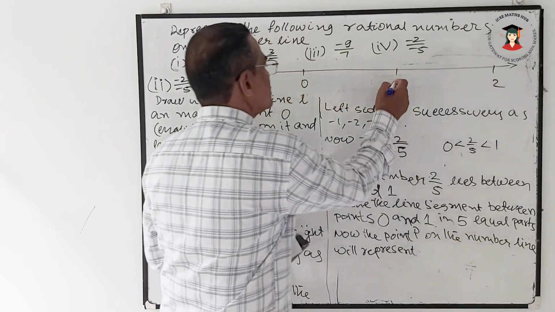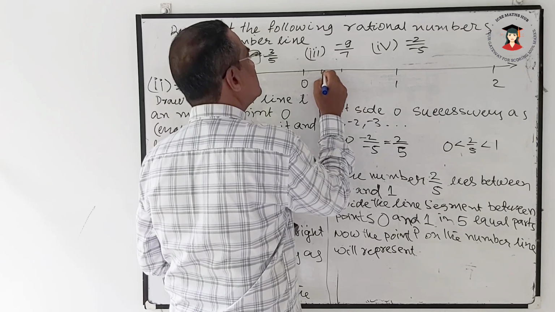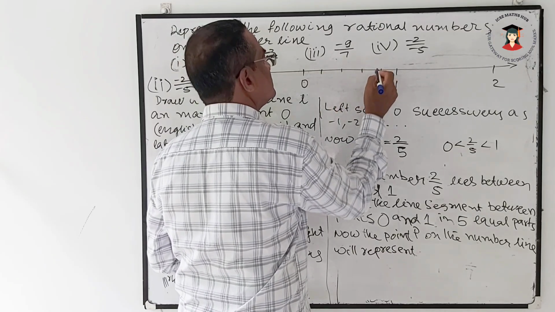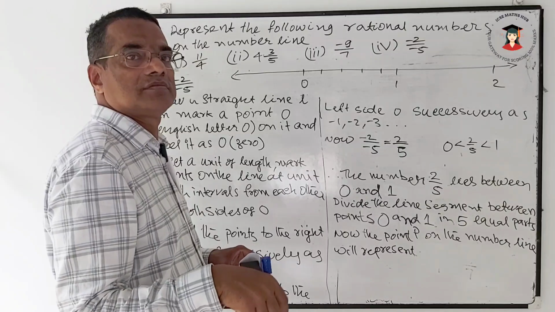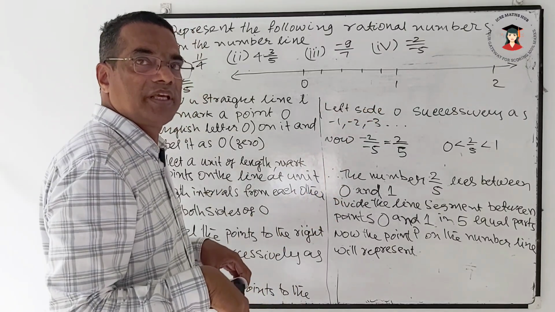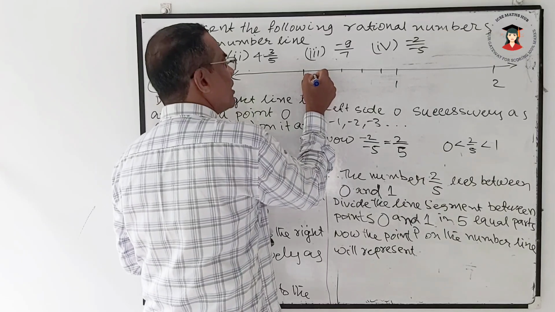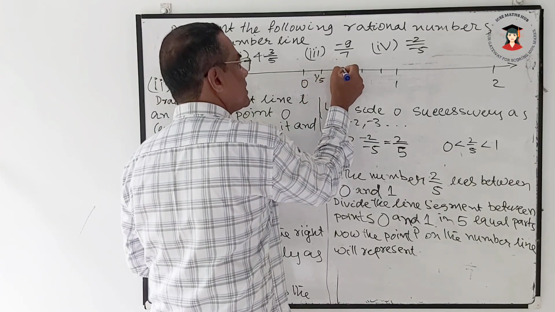And each part will be equal to 1 by 5. Let us divide it into 5 equal parts. This is 1 by 5 and this second point is 2 by 5.